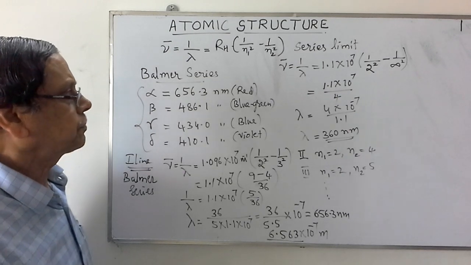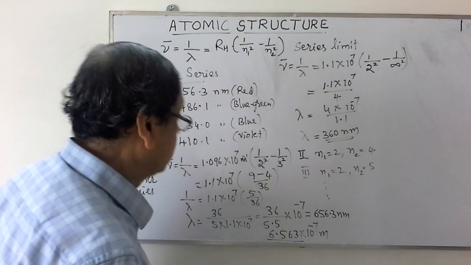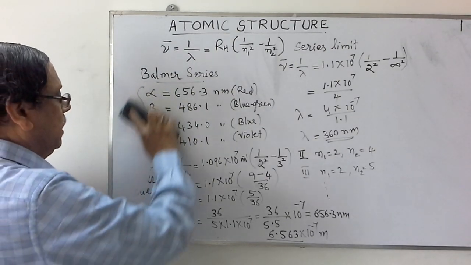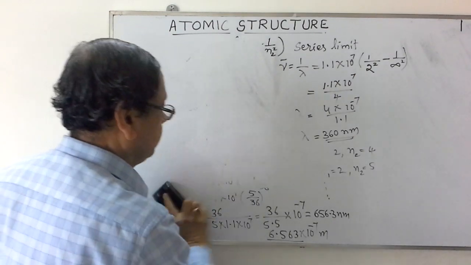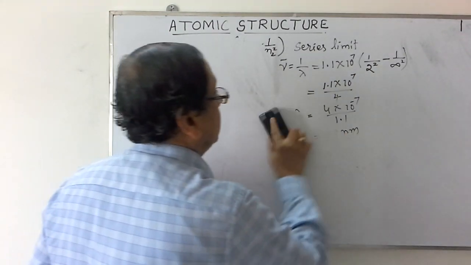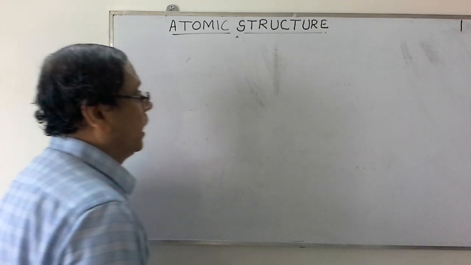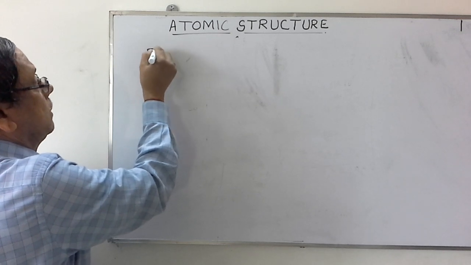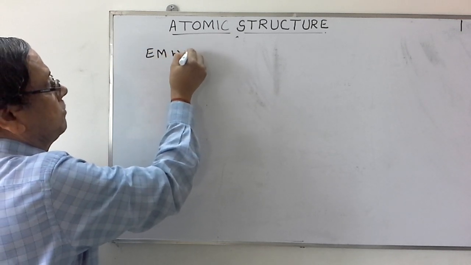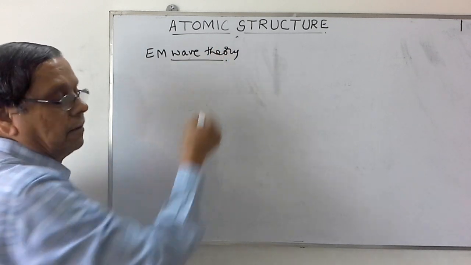Now the next concept is the limitations of the electromagnetic wave theory. Electromagnetic wave theory cannot explain certain facts.